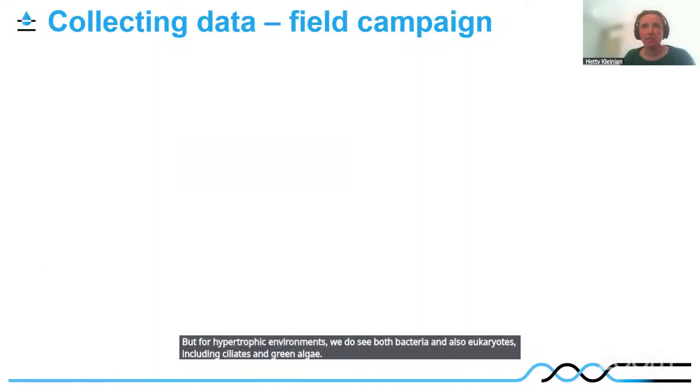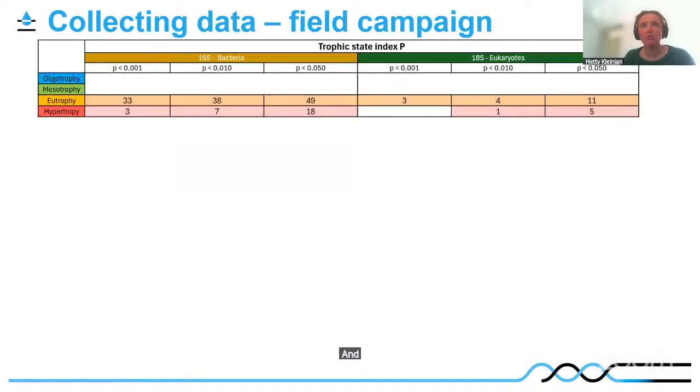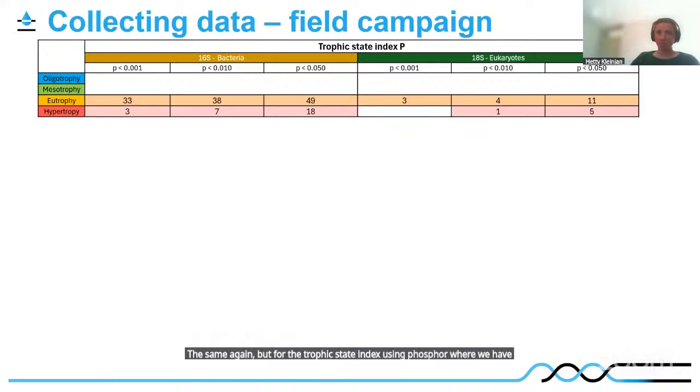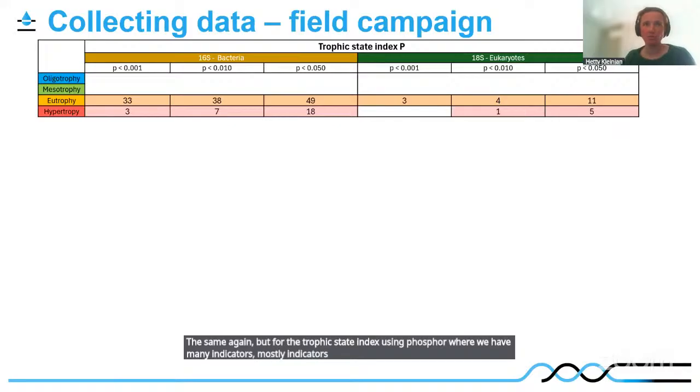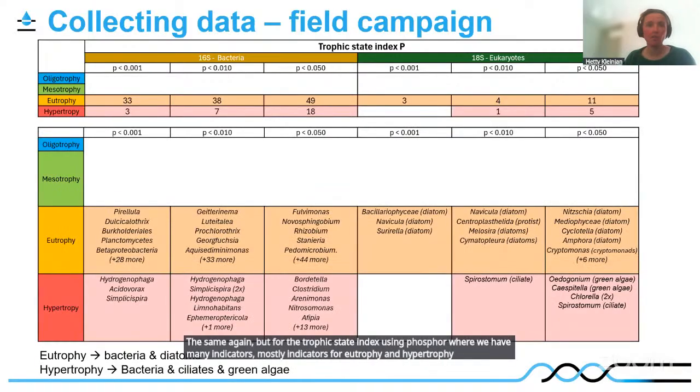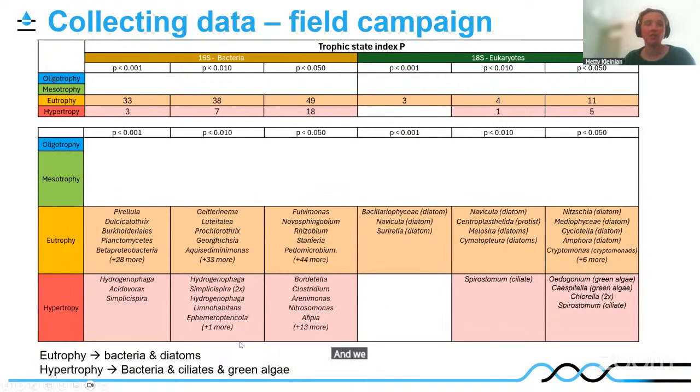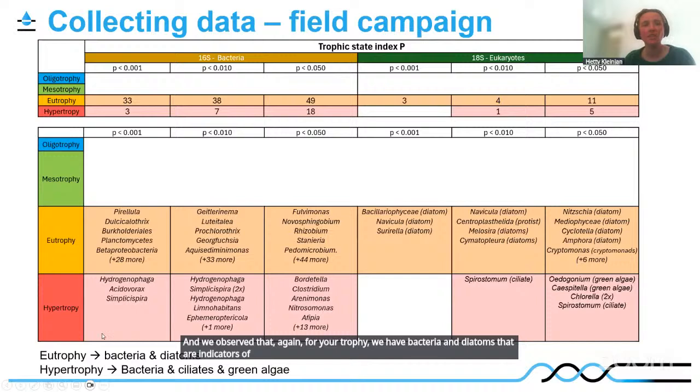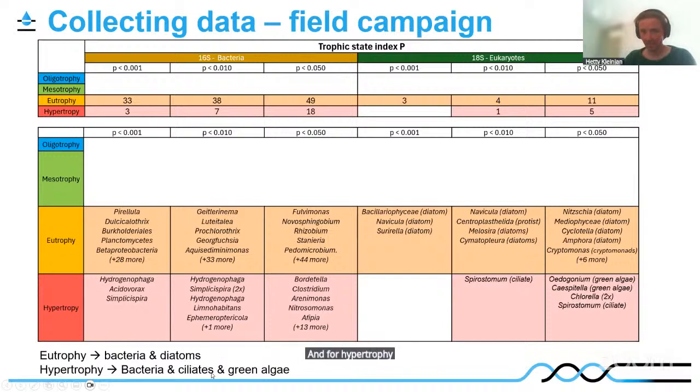And the same again for the trophic state index using phosphorus, where we have many indicators, mostly for eutrophy and hypertrophy. For eutrophy, we have bacteria and diatoms that are indicators of this water quality, and for hypertrophy, we again see the ciliates and the green algae popping up.